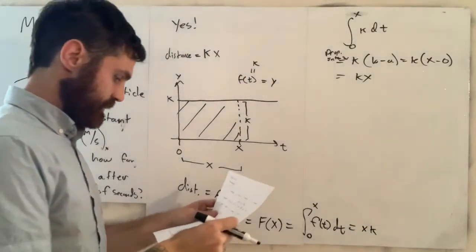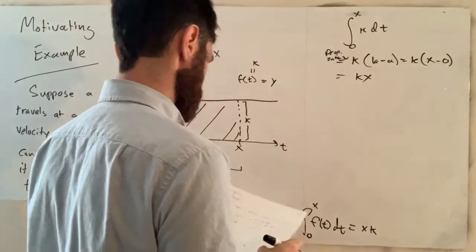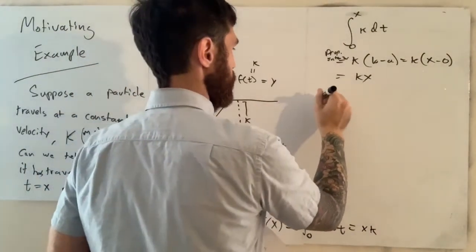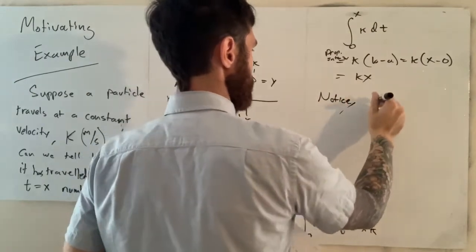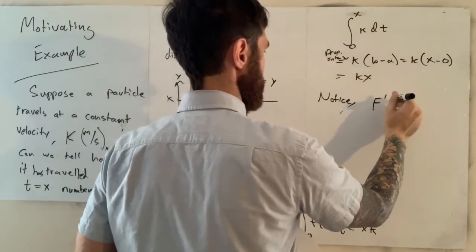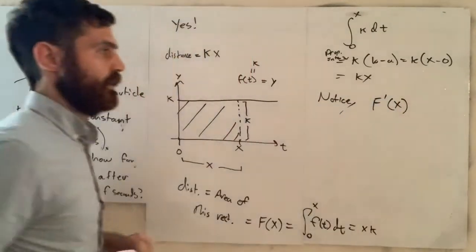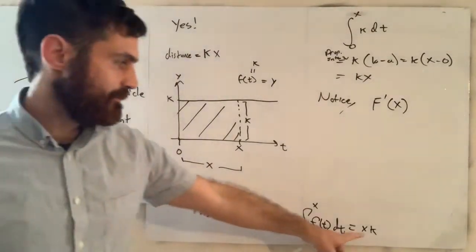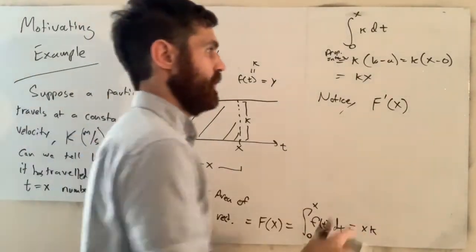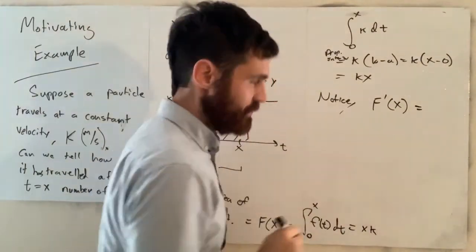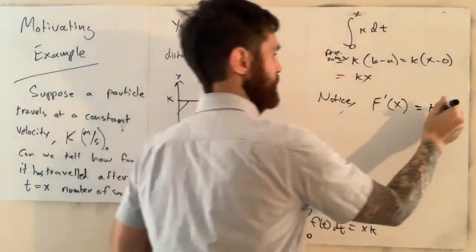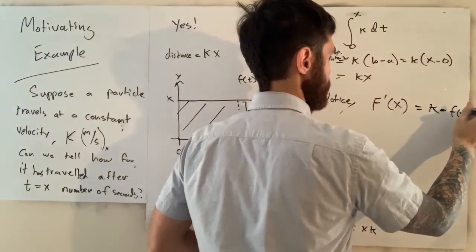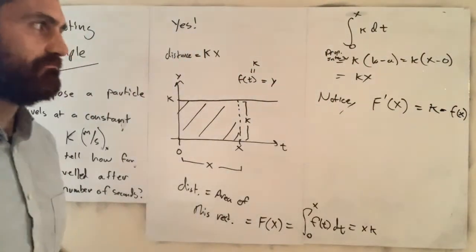In other words, notice that if we take the derivative of our big F, which is x times k, what do you get? You just get k. And this is just equal to f of x.